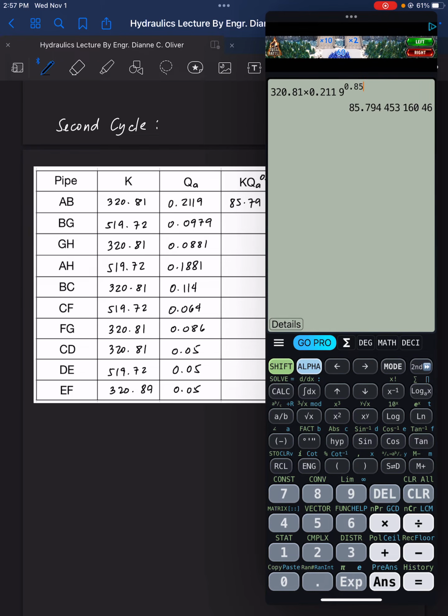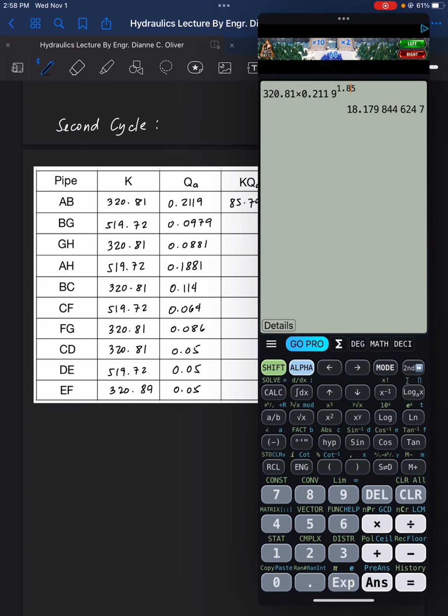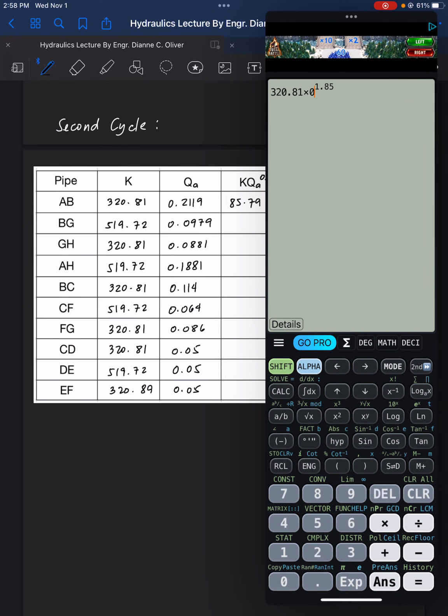Next we have 0.2119 raised to 1.85, that is 18.18. And then we have 320 times 0.0881 raised to 0.85.